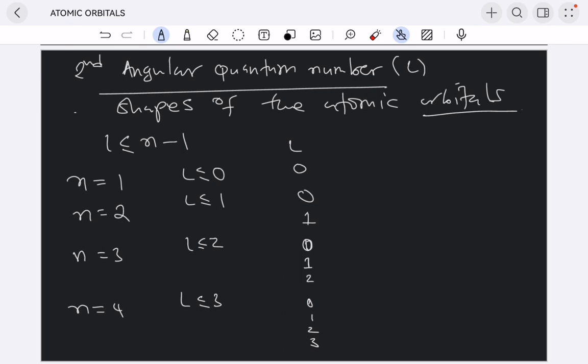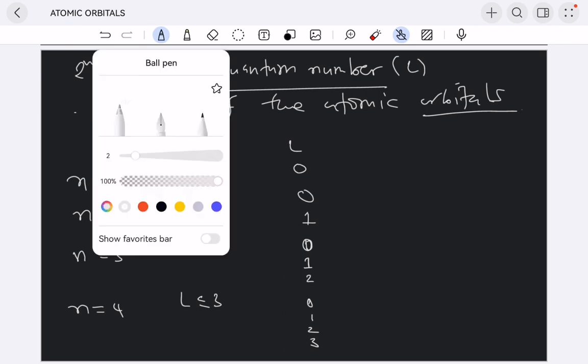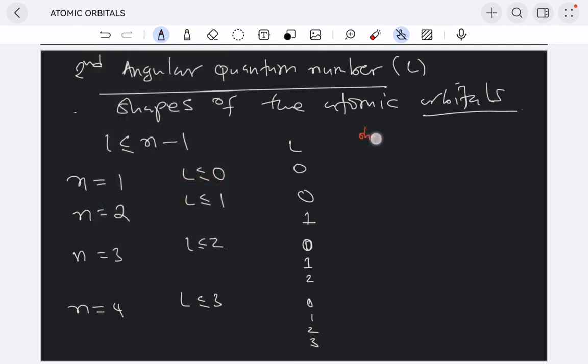So in terms of shapes, 0 represents the s orbital, so that is s, then 1 represents the p orbital, so that is s, p, then 2 represents the d, then this is s, p, d, f.